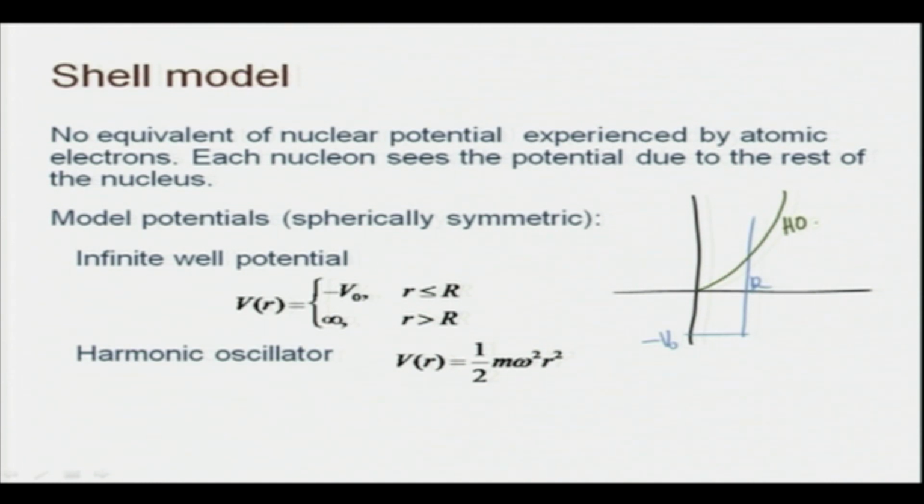The difference between these two is that the harmonic oscillator is smooth. It gradually, meaning rather fast, as r squared, goes to infinity, but there are no abrupt changes, whereas in the infinite well potential, it changes drastically just at r equal to capital R, from minus V0 to infinity.